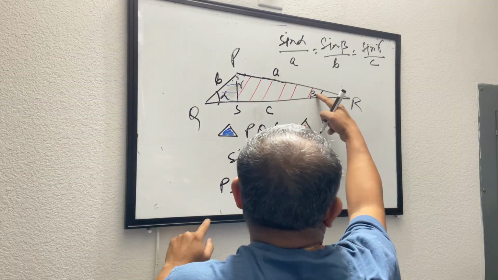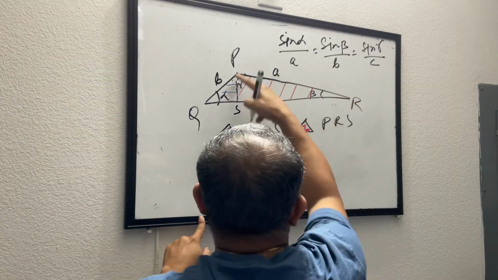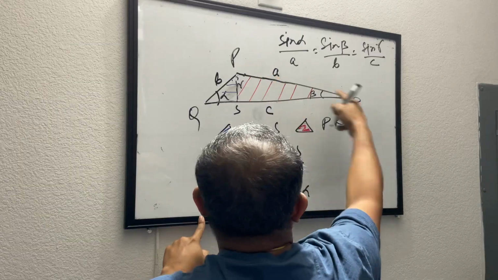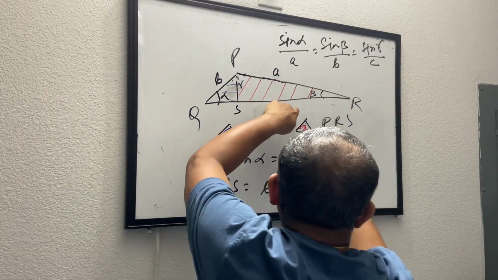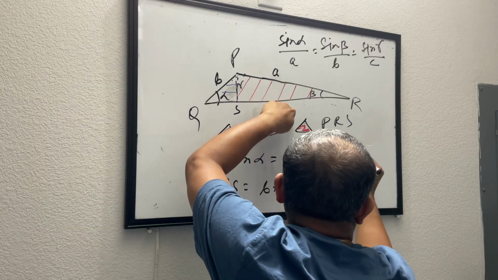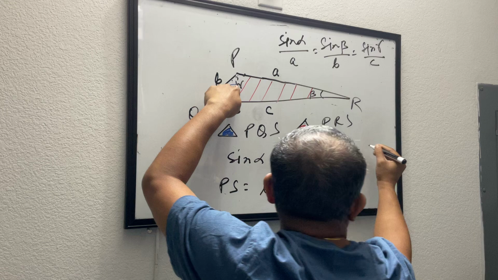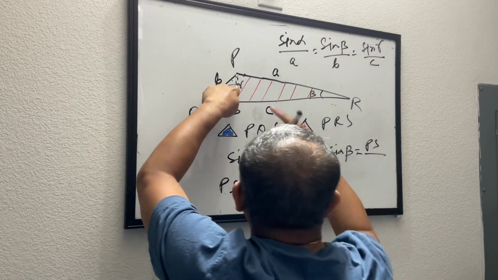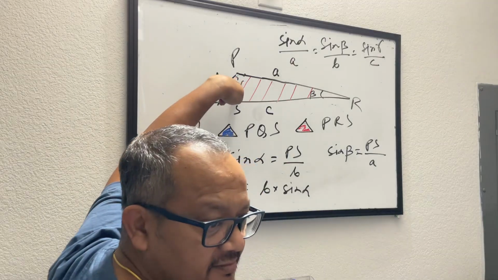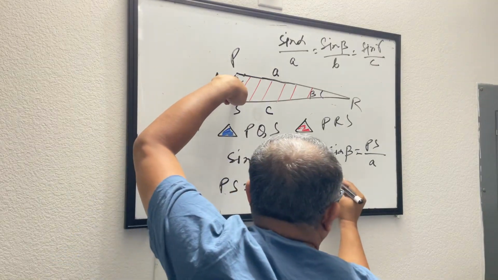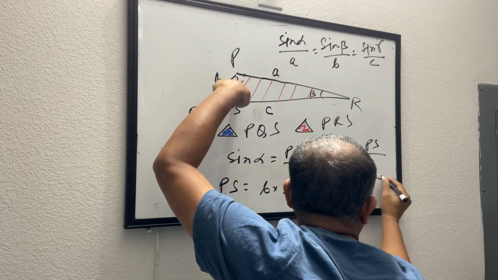In this triangle, this is my angle beta. I'm looking at only this baby triangle, PRS, the red one. Here, what will be sine of beta? Sine of beta will be equal to the side opposite this, which is PS, divided by the hypotenuse, which is A. That means PS will be equal to A times sine of beta. Is that okay?